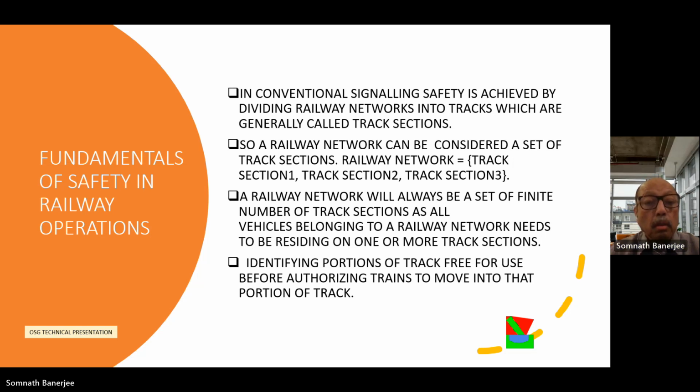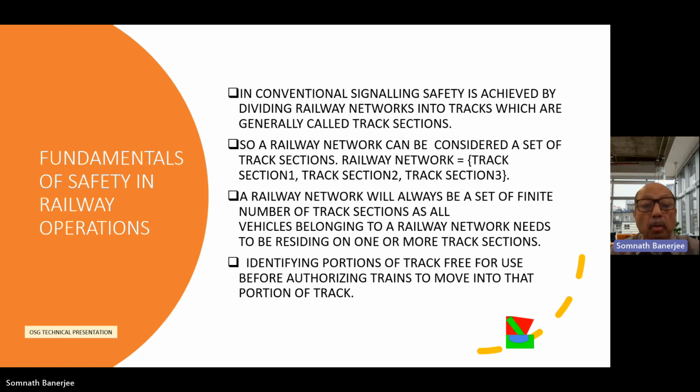So, a railway network can be considered a set of track sections, say 1, 2, and so on.